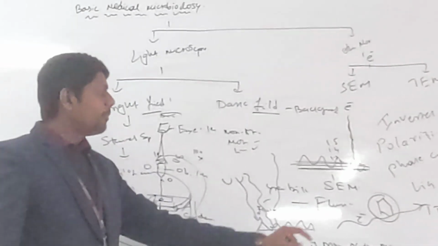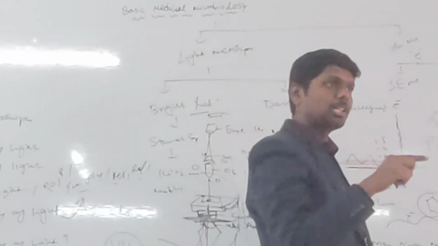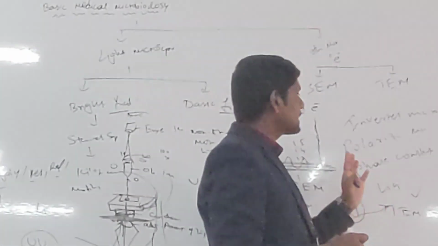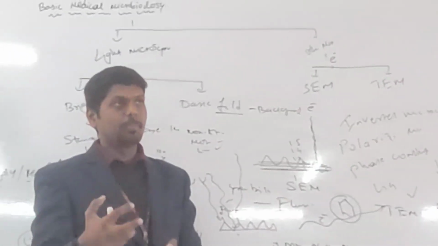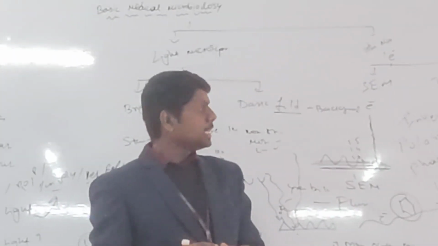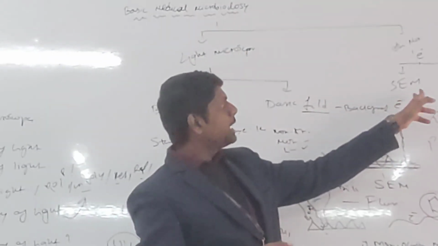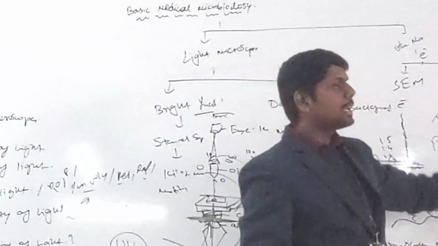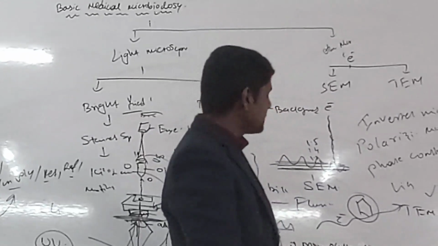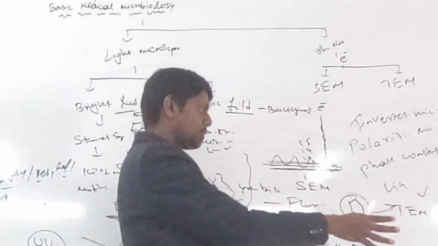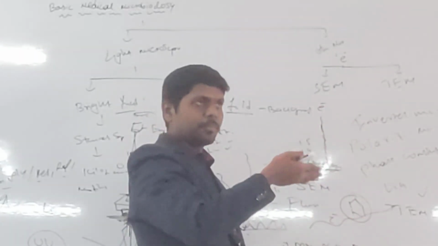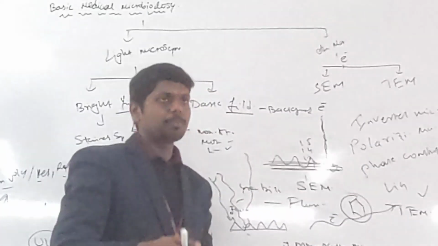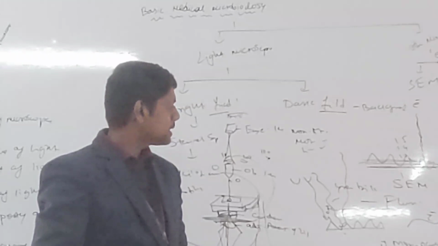Transmission electron microscope will study the internal parts of a microscopic object, whereas scanning electron microscope will study the surface of the microscopic object. That is the idea behind the scanning electron microscope and transmission electron microscope. In transmission, we are transmitting electrons through the specimen, whereas in scanning, we are just scanning them, just like your lab scanners.